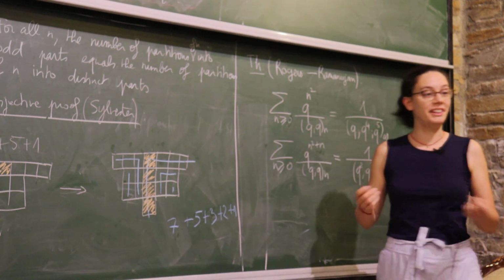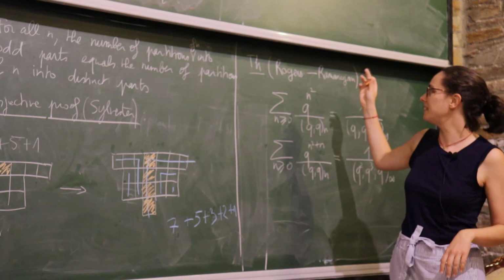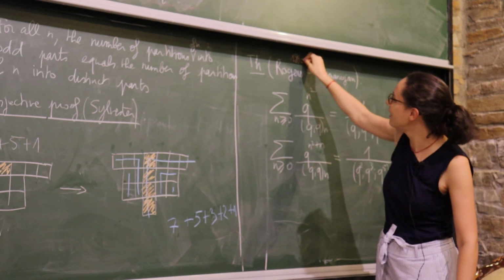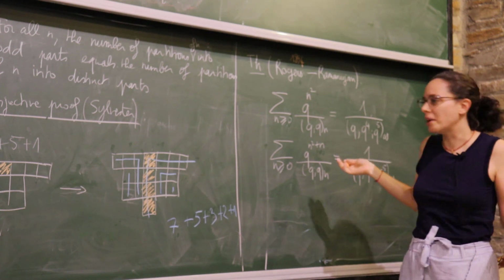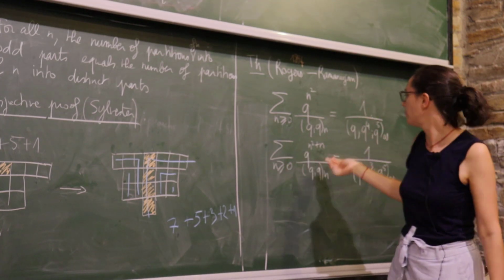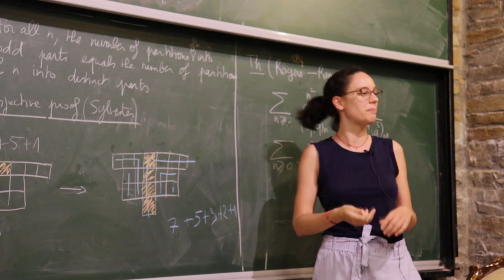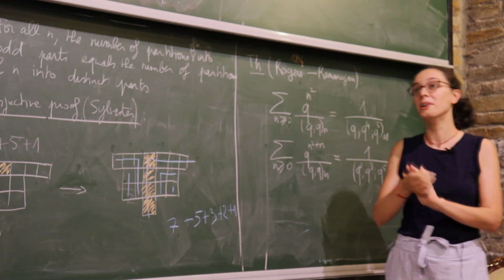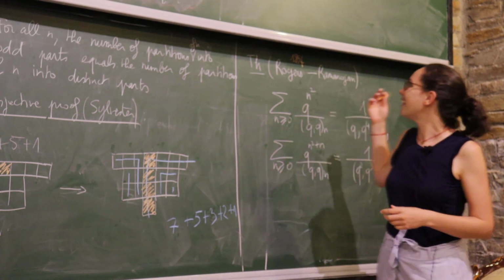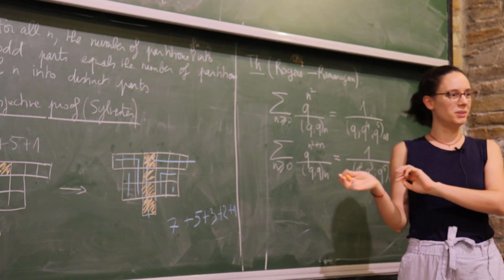So the history of these identities is quite interesting to me because actually they were initially found by Rogers in 1894, and somehow at the time they went a bit unnoticed, and they weren't too famous. And then Ramanujan, who was working a lot on q-series and partitions, but who, as you know, didn't always have proofs of what he was claiming, actually rediscovered them independently, but he didn't have a proof.